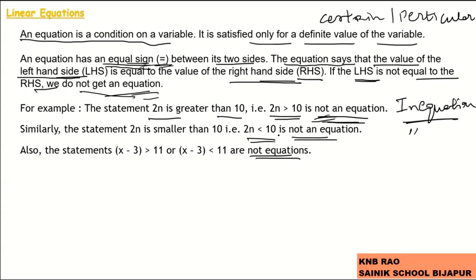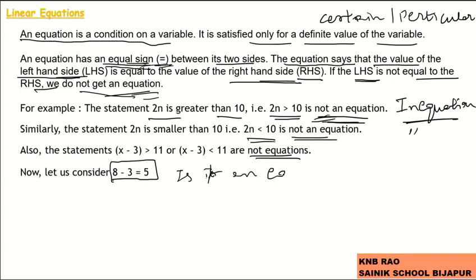Some more examples. Now, let us see 8 minus 3 equals 5. This also has an equal sign. Is this an equation? This question arises in our mind, and I say no. Why no?